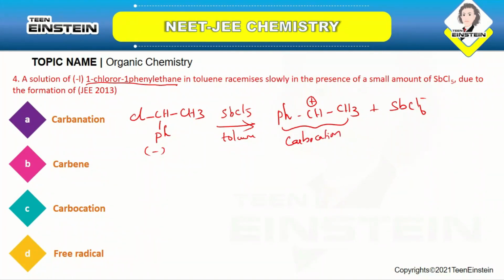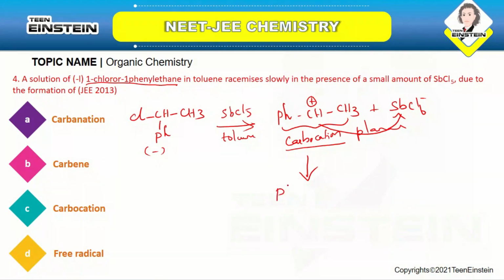Since the carbocation is a planar species, it can be attacked by antimony hexachloride either from the front or back side of the carbocation with equal ease. As a result, equal mixtures of the two enantiomers of 1-chloro-1-phenyl ethane form, that is, racemization due to the formation of a carbocation intermediate.